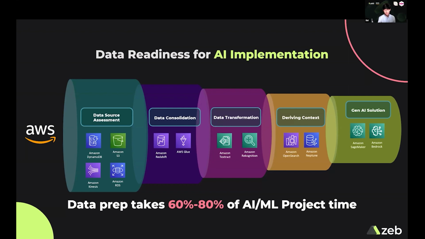Then the next piece is after we have all of our data in a single place and after that's been transformed and we've extracted the metadata that's possible from these different sources, we need to really apply that business level context on top of this data. We as the business and technical stakeholders involved understand how that data relates to the generative AI solution.